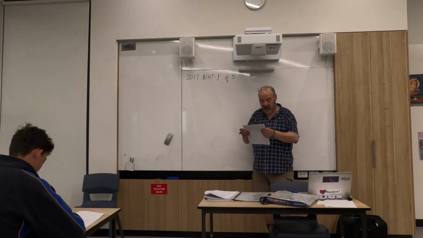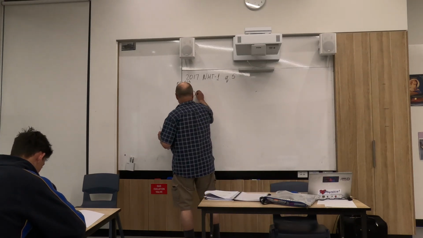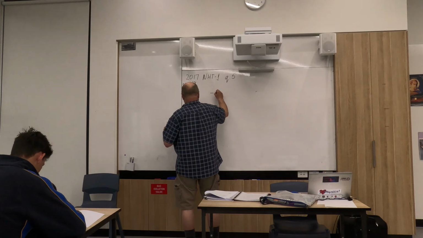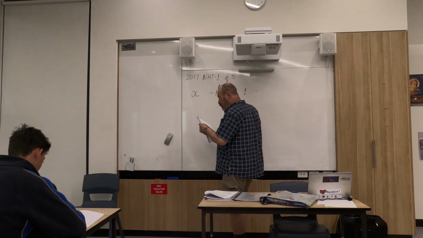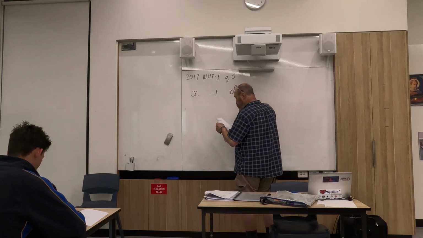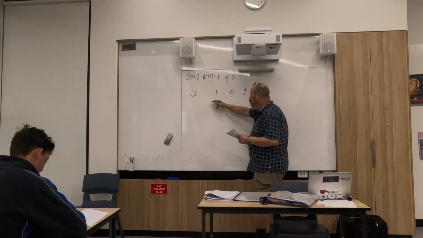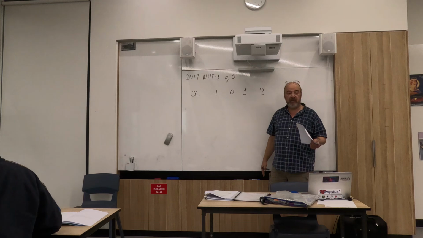This is the distribution of this random variable. X is -1, 0, 1, 2. It's the difference in time between when the train arrived and its scheduled time, so -1 means it came 1 minute before, 0 means it came on time.